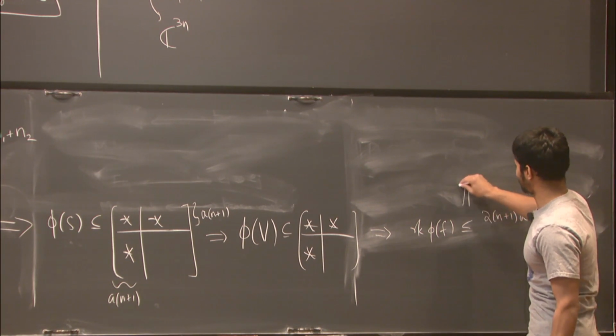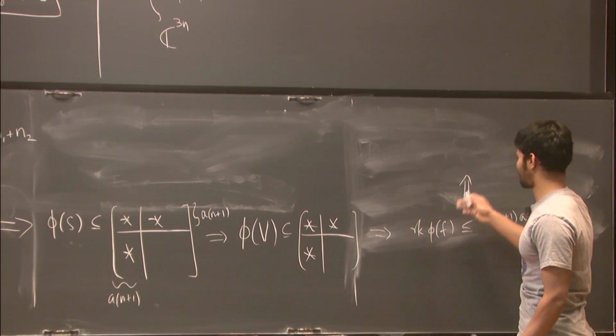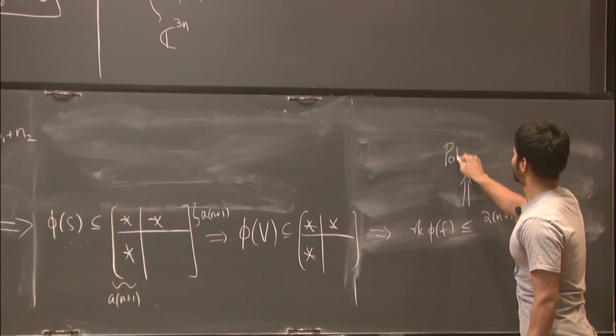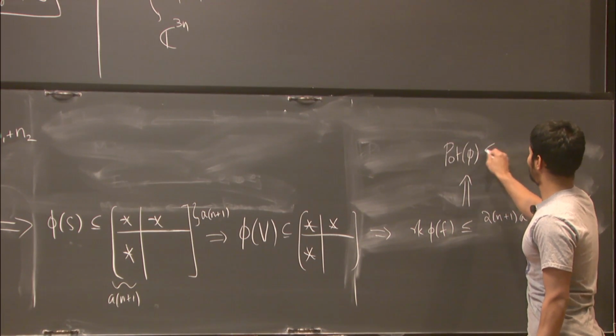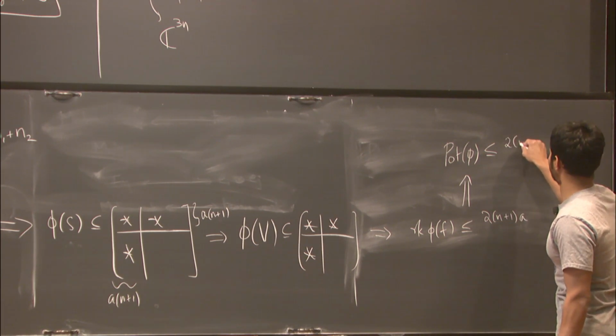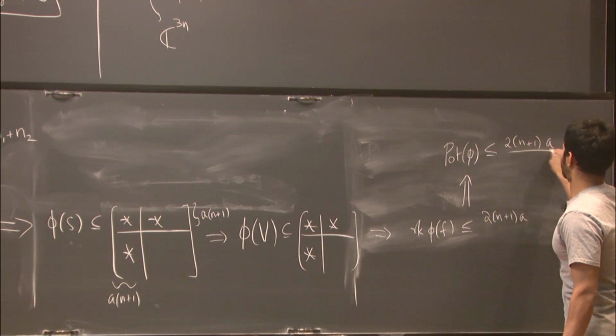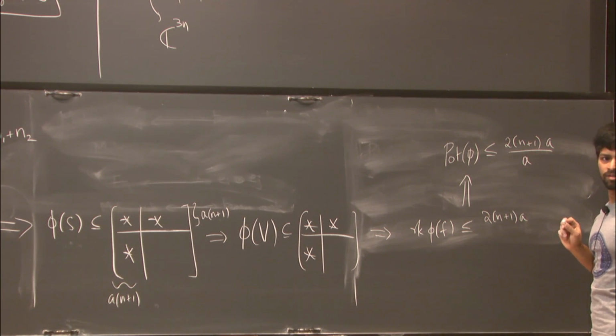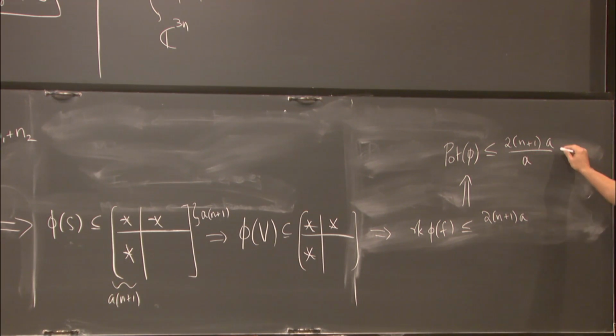This is really bad to go upwards on the board, but let's just do it. This means that the potency is less than or equal to this number, which is what anything can go to, divided by A, which is 2n plus 2 times n plus 1. That makes a lot of sense. That's going to be the idea.